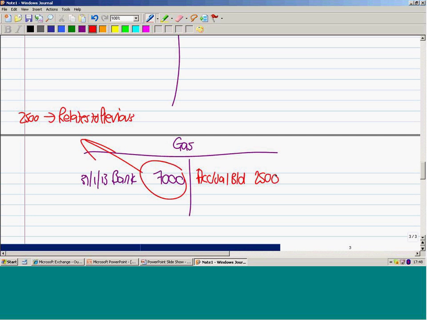If we were to balance this off, it's quite clear to see that we would have a balance carried down of 4,500, and that's the gas charge for this financial year so far to date. Everybody happy with that explanation? I think it helps us focus and see exactly why we're doing it. We paid the bill for £7,000, £2,500 of that related to the last financial year.